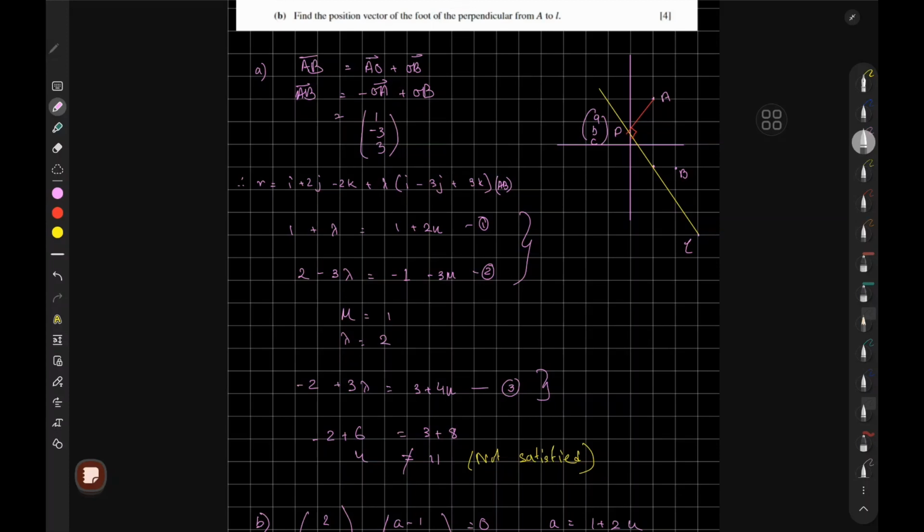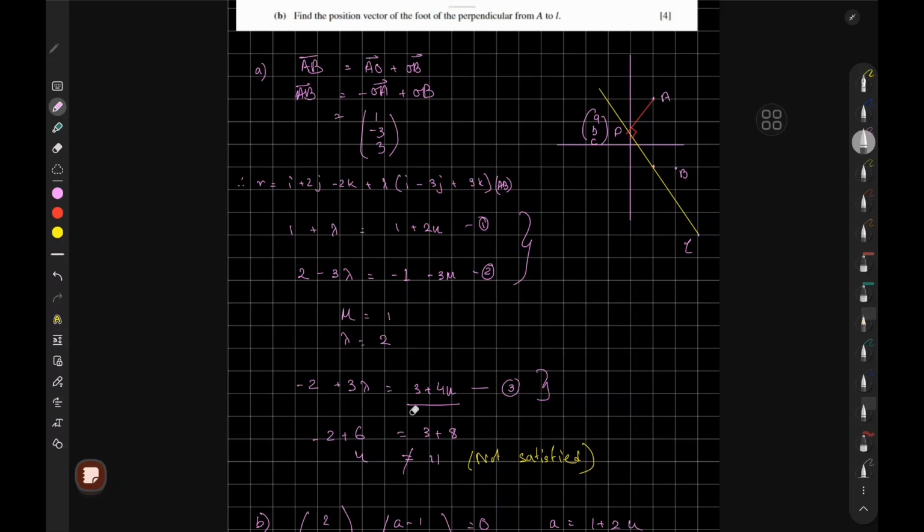After you've figured out mu and lambda, you plug these values in over here. Why? Because if they do intersect, the values on these two sides are going to be equal. If they are not equal, they are not intersecting. Therefore, this is your method for checking if they intersect or not.